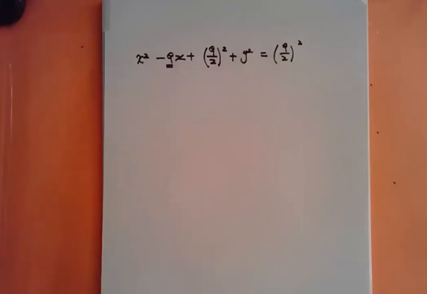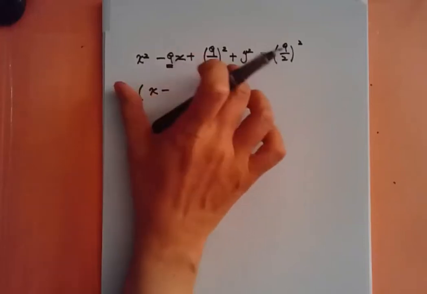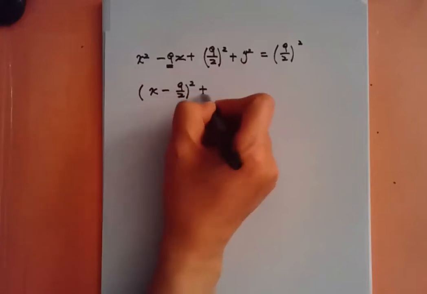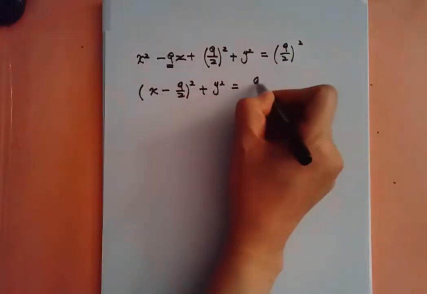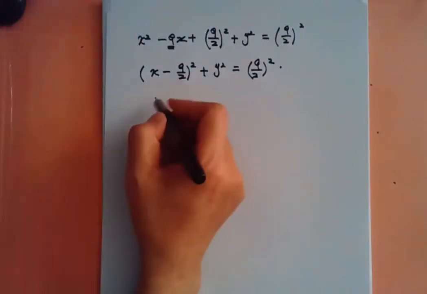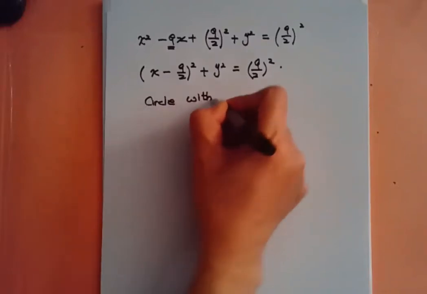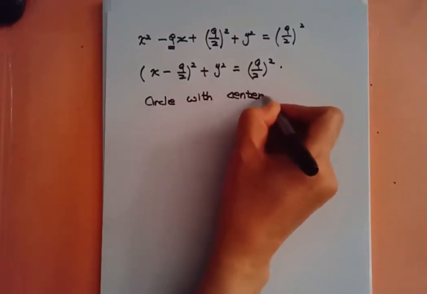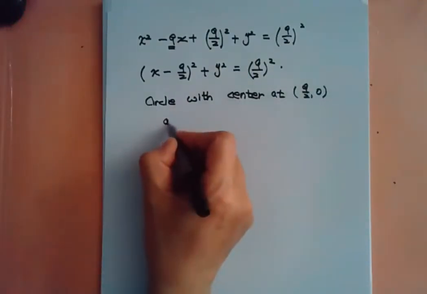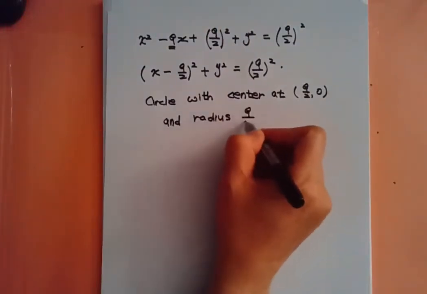And then we simplify this as x minus 9 over 2 squared plus y squared equals 9 over 2 squared. So that is a circle with center at (9/2, 0) and radius 9/2.